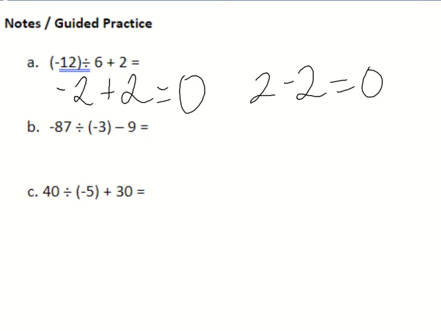All right, so for B, we should have just divided 87 by 3. 3 goes into 8 2 times, and then we get 2 left over. That's 27, and so that's 9 times. So we should have gotten 29.